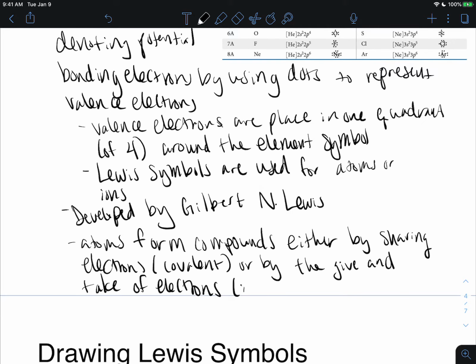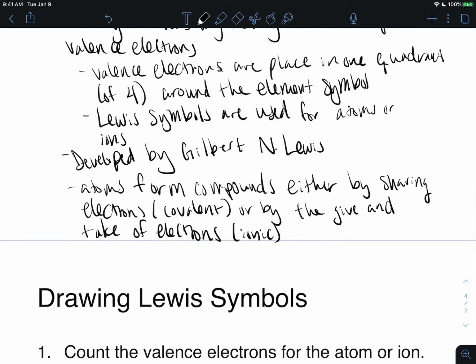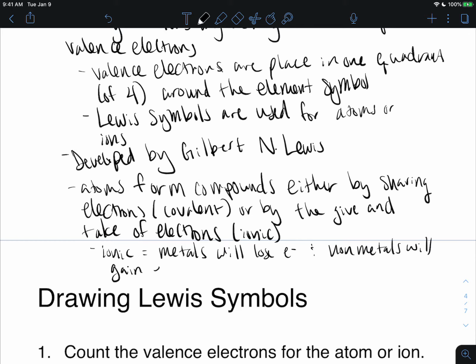Which is going to be our ionic species, right? And if we have ionic species, remember our metals are going to lose electrons and our nonmetals are going to gain electrons. So metals will lose electrons and nonmetals will gain electrons. And by looking at our Lewis symbols, we can kind of predict that.